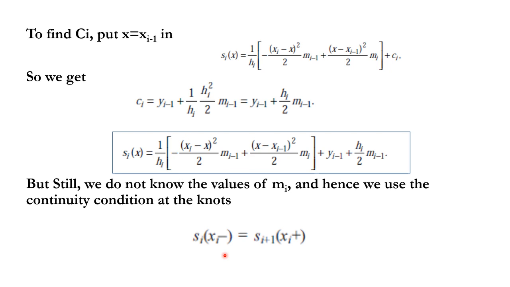Just before the xi point, the spline function is Si of x, and just after the xi point, the spline function is Si plus 1 of x. So at the boundary, since it is continuous, both should be equal. So we utilize this continuity condition to find the mi values.